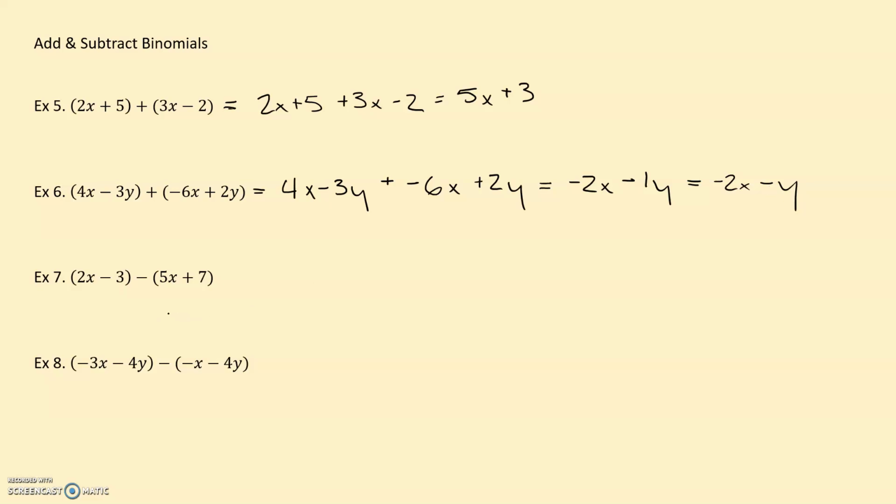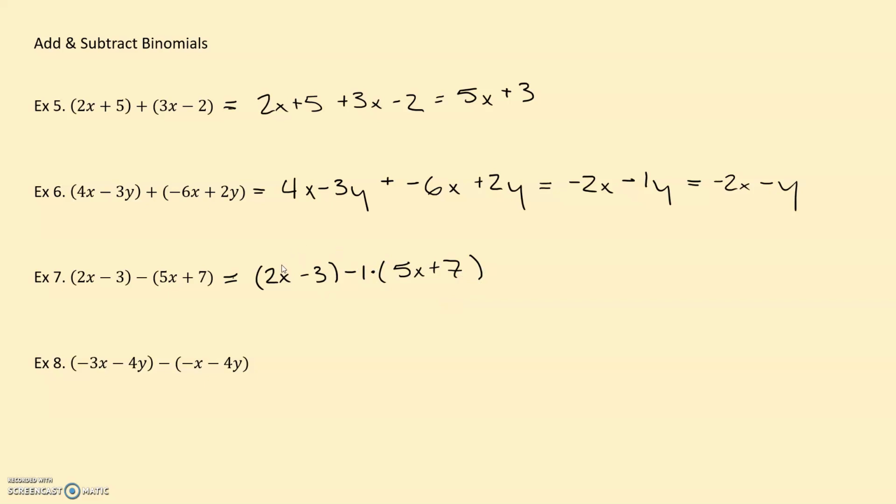So let's go ahead and look at example 7. Here is where we actually do have something to distribute. We have this negative sign outside of this 5x plus 7. So I'm going to go ahead and rewrite this so that it's more clear as to what I need to distribute. So this negative sign, what it means is we're subtracting this 5x plus 7. So the negative really goes with this expression.